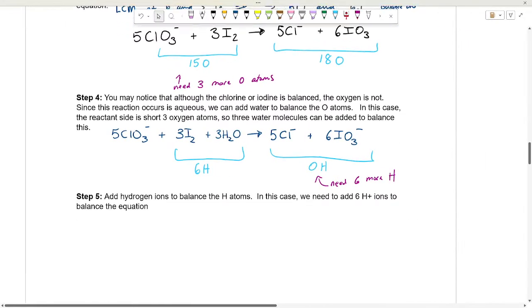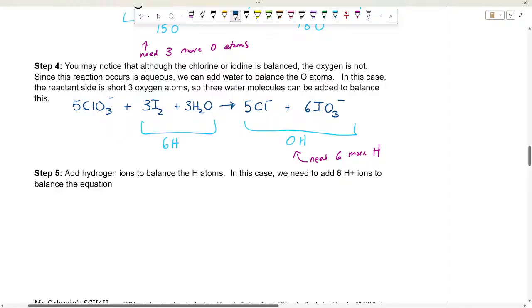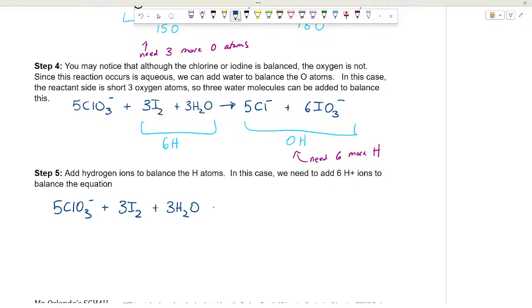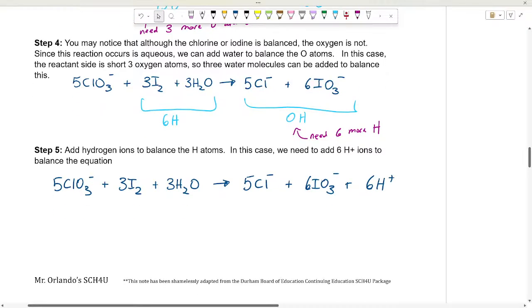And so we can do that, and we get 5 ClO3 minus ions can react with 3 iodine, aqueous, like dissolved iodine, and 3 water to give us 5 chlorine ions, 6 IO3 minus ions, and 6 H plus ions. And this should be balanced.